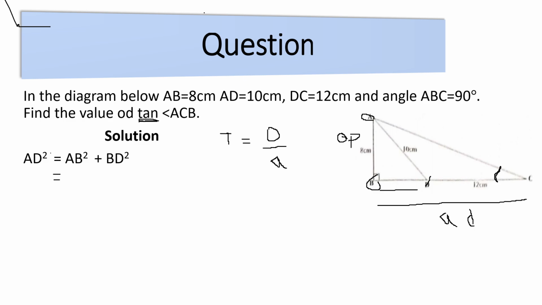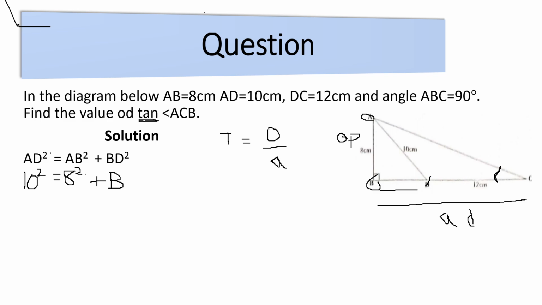Our AD here is 10, so we write 10 squared, plus AB squared. AB is 8, so we write 8 squared, plus BD squared, since BD is the one we are looking for.